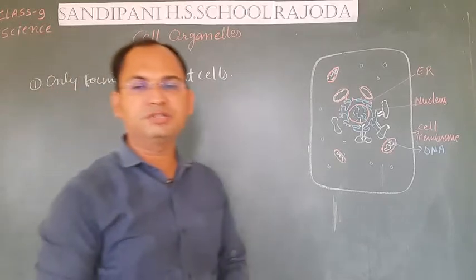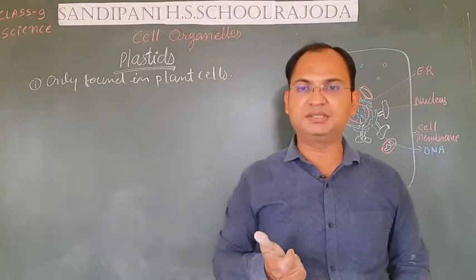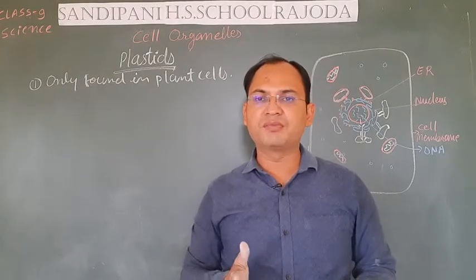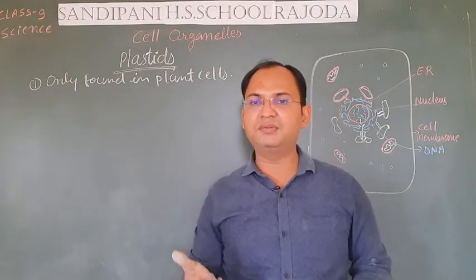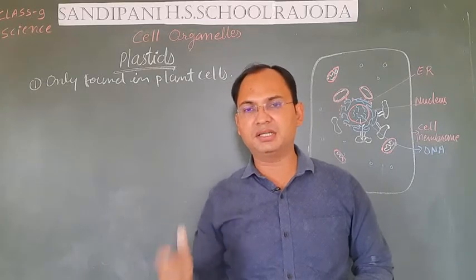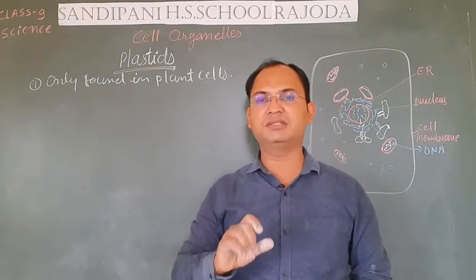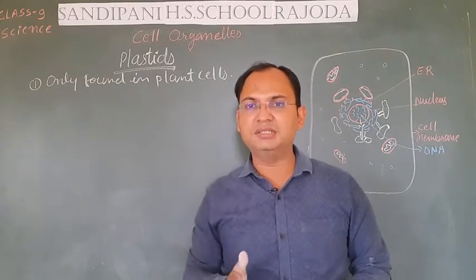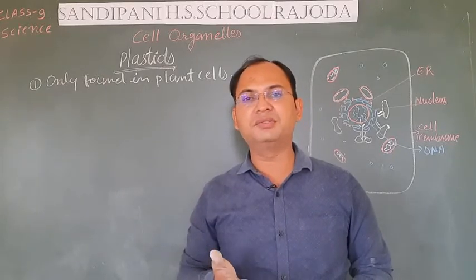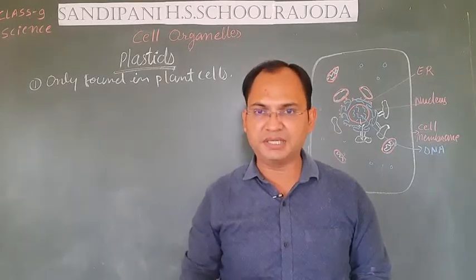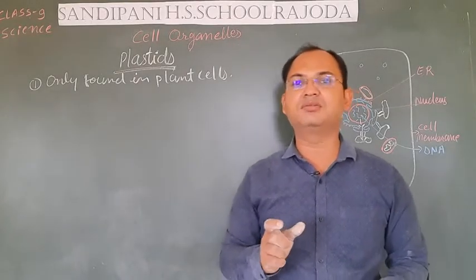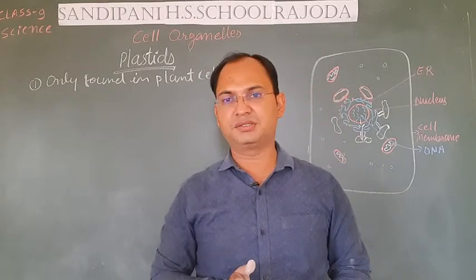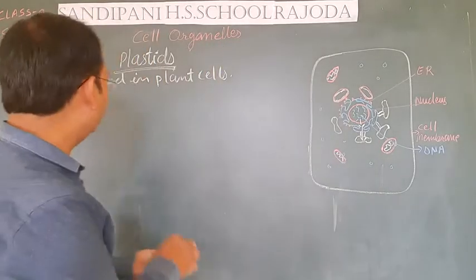Now, students, on the basis of the color of the plastids, they are broadly divided into two parts. One has colorful pigments, and another one is colorless, or we can say white. So, the plastids which are colored are known as chromoplast, and the plastid which is white or colorless is known as leucoplast. So, they are of two types.